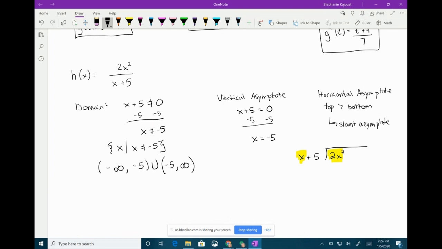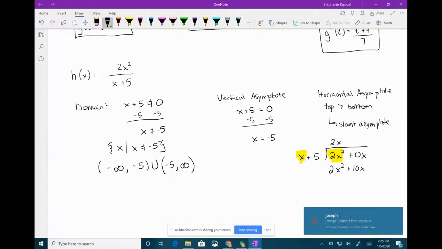So I can multiply my x by 2x. So x times 2x gets me 2x squared. Then I take that 2x and I multiply it by the x plus 5 and write it underneath. So that's 2x squared, and then 5 times 2x is 10x. So I'm going to have to put a placeholder here. That's a 0x up there.